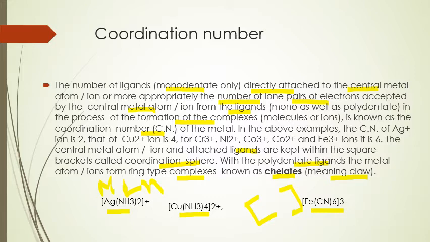Like the crab's claw, the central metal ion is trapped by the ligand. In detail we talk about the coordination number and the complexes in coordination chemistry. But here the main property we are talking about for the transition elements is complex formation. A variety of complexes are formed by the transition elements.